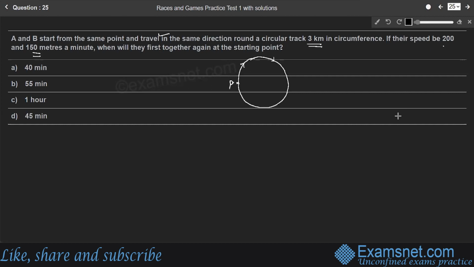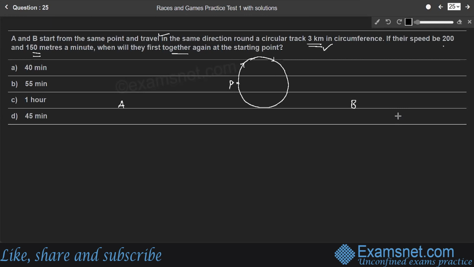Here, the circumference of the circular track, or the distance per round, is 3 km. Here two persons A and B are traveling with two different speeds. The question is, when will they first be together again at the starting point?